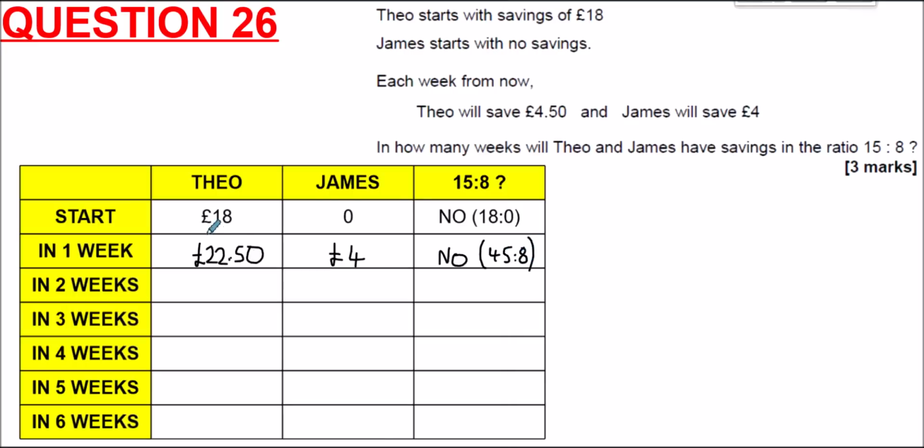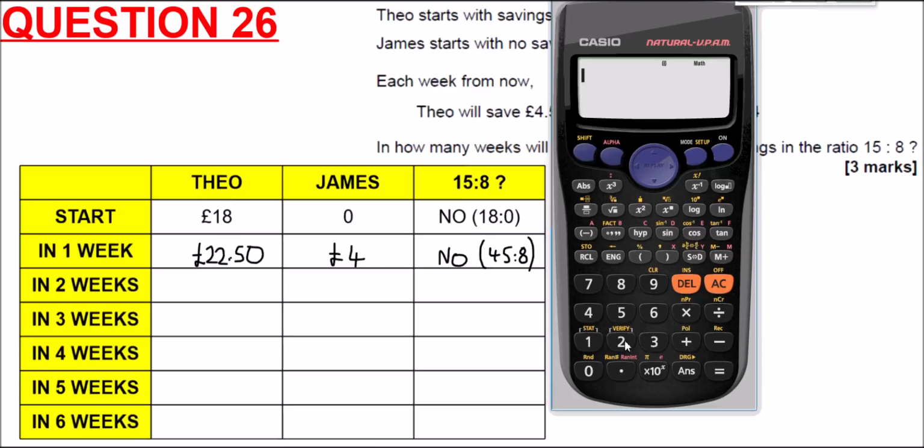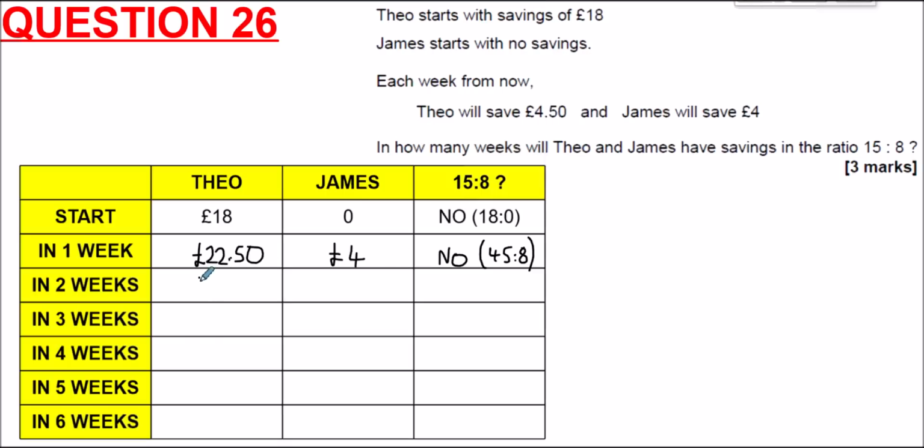So let's go again. Let another week pass. So Theo's going to save another £4.50. So £22.50 plus £4.50 gives a saving of £27. Whereas James has now saved another £4, which takes him to £8.